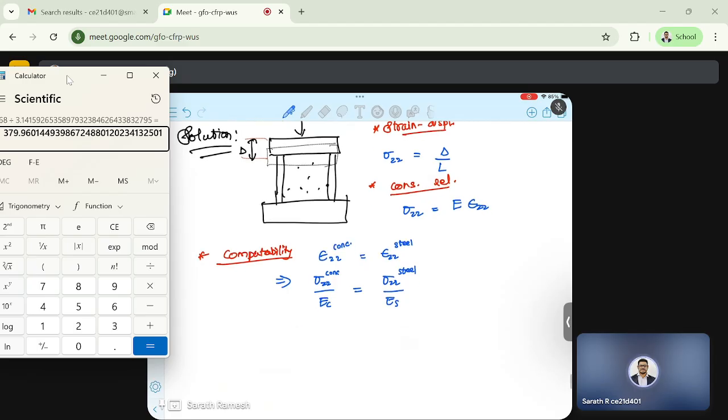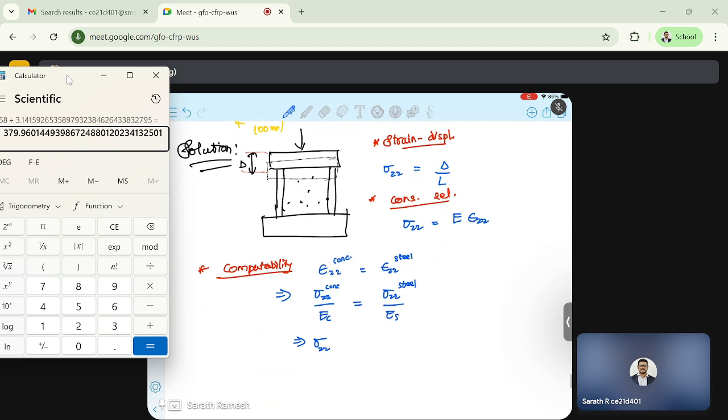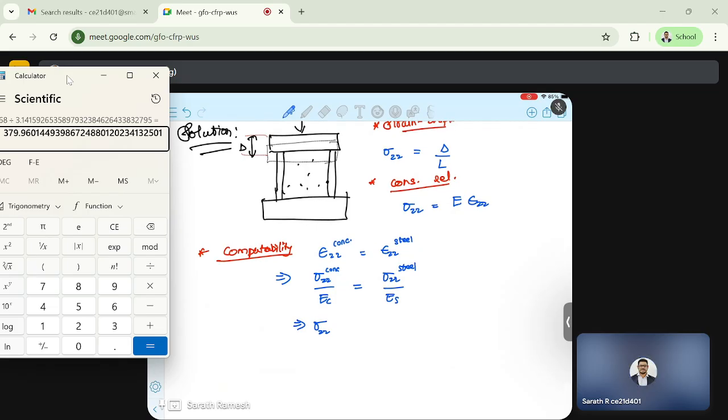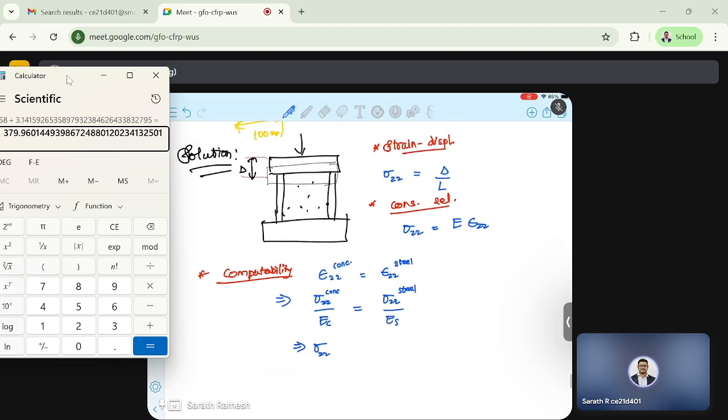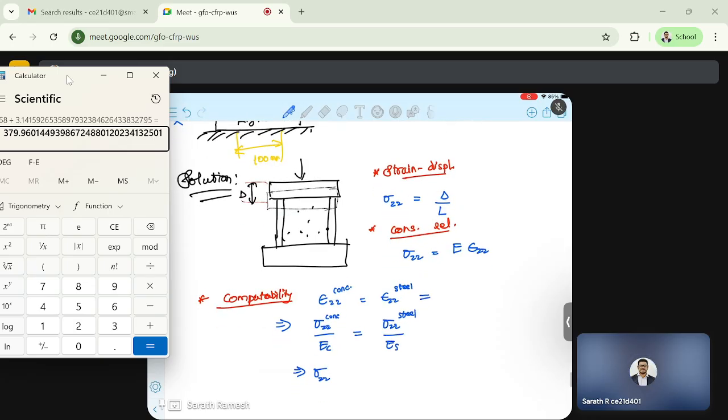There is an error in my notation. This is nothing but epsilon, the strain.